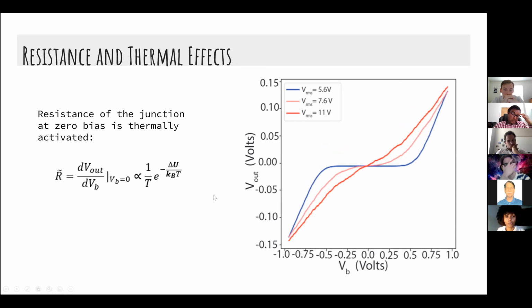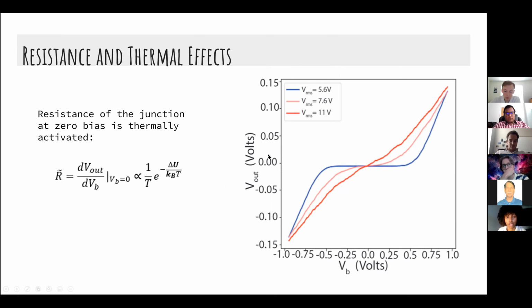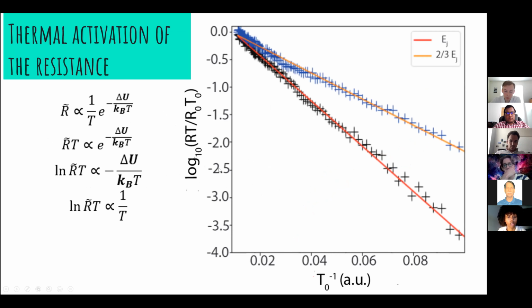And so what that looked like was we took a bunch of these curves at different temperatures. We numerically differentiated this part of our curve, and we wanted to go ahead and plot it.